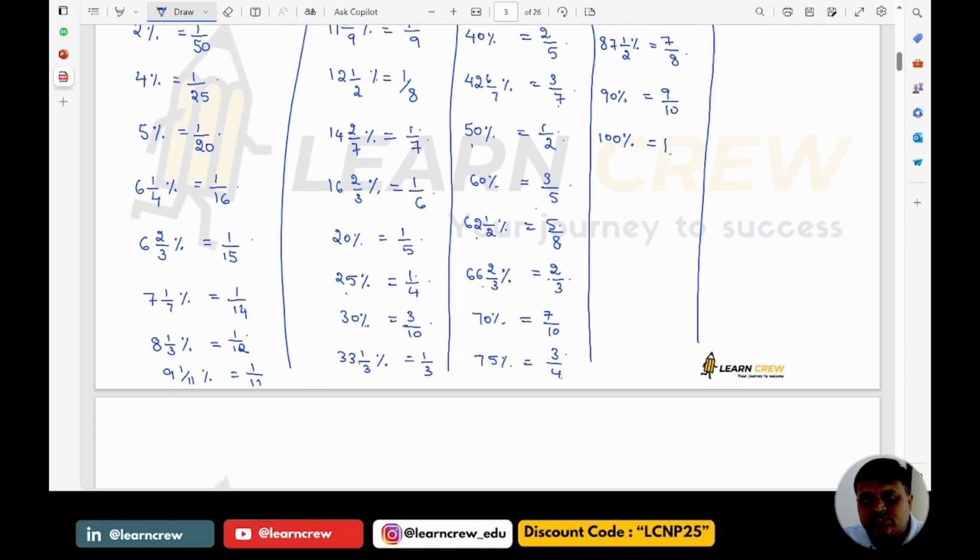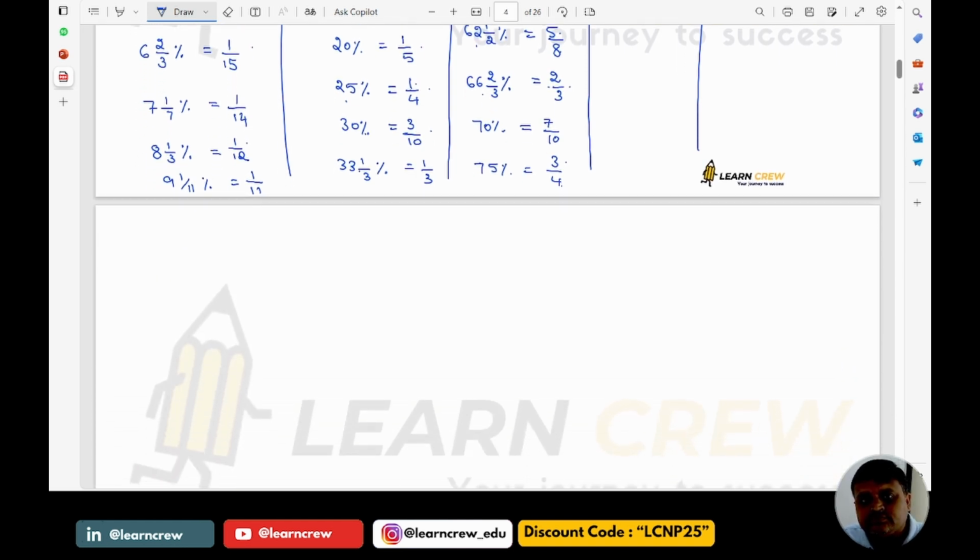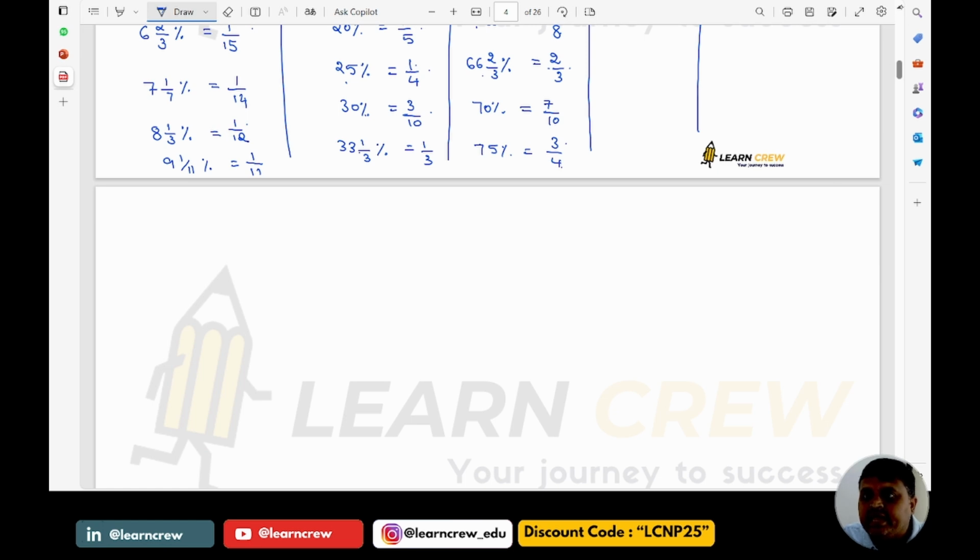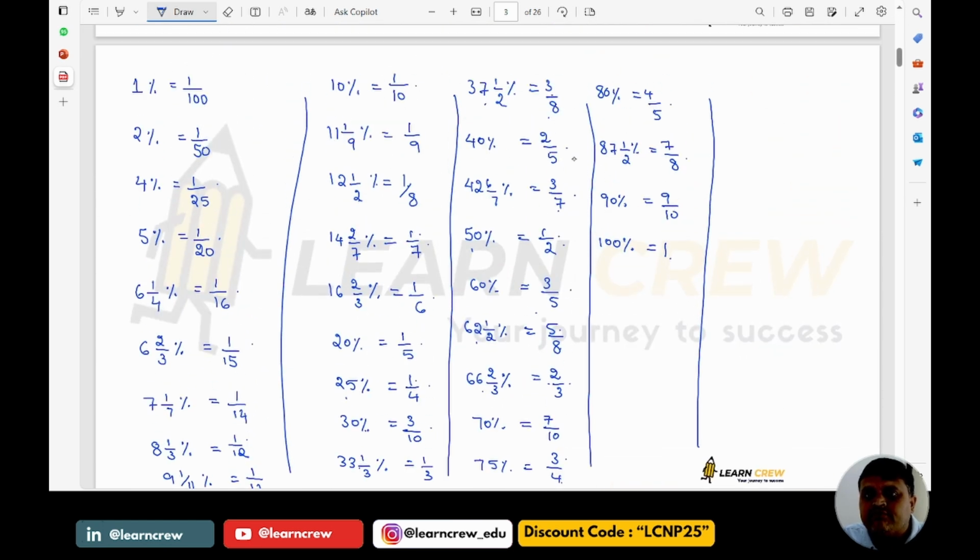So applications. Now see, what do you mean by actually this? For example, 37.5% I am writing 3 by 8. What is the meaning of 3 by 8? So meaning of 3 by 8 is if total value is 8 parts, our requirement is 3 parts.